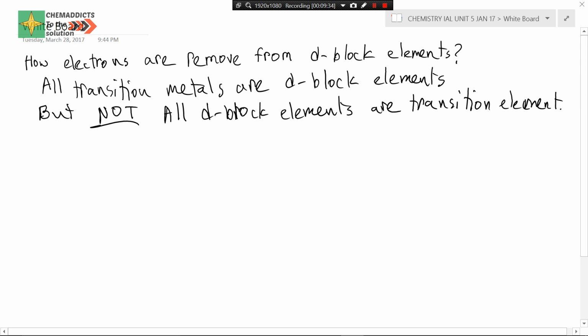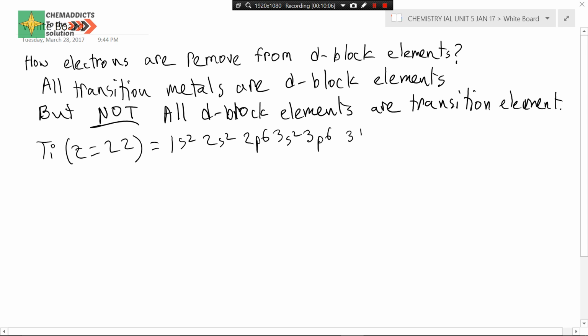How should I explain this? Let us draw the configuration of titanium. This is the electronic configuration of titanium, where Z equals 22. It should be like this: 1s2, 2s2, 2p6, 3s2, 3p6, 3d2, 4s2.